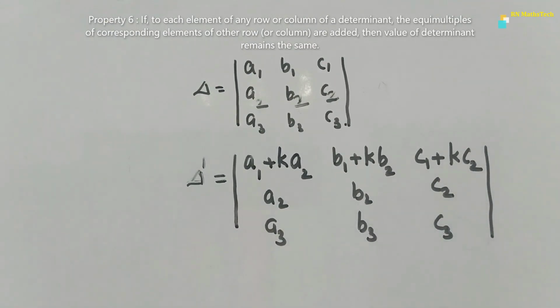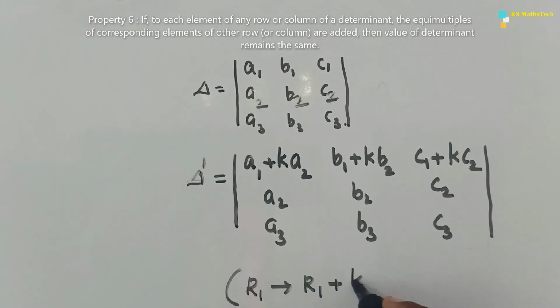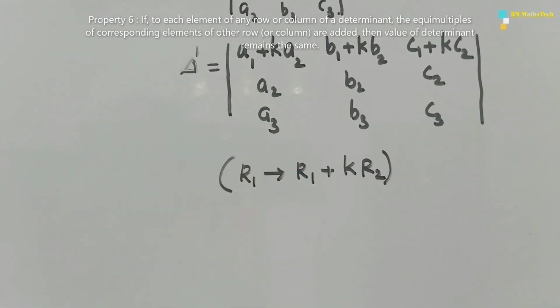So the new first row is the first row plus a scalar times the second row. We form a determinant using this transformation.